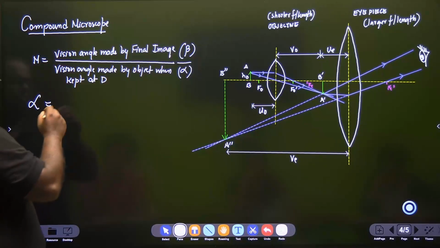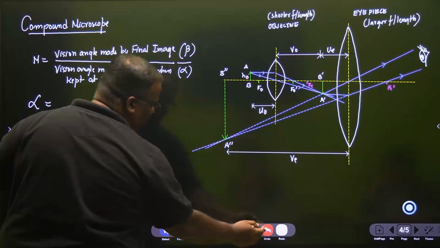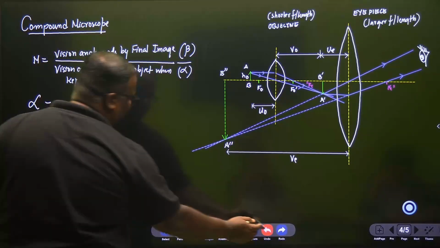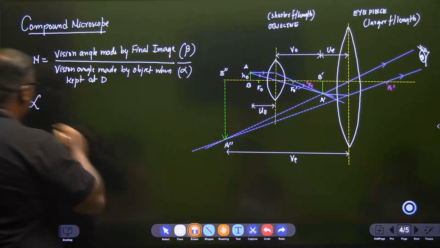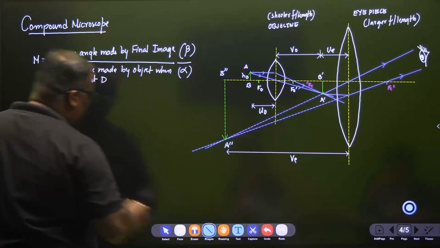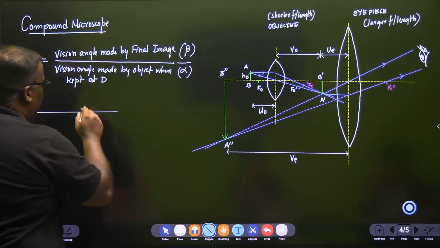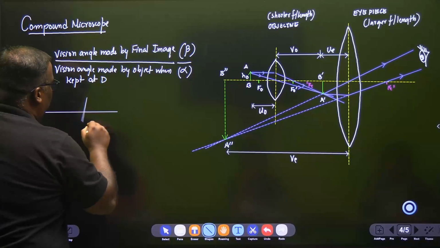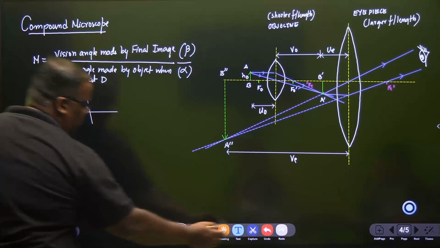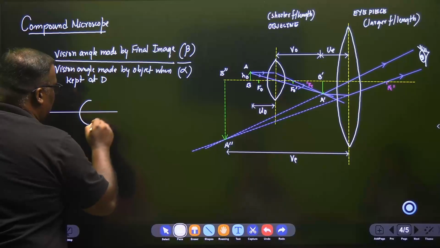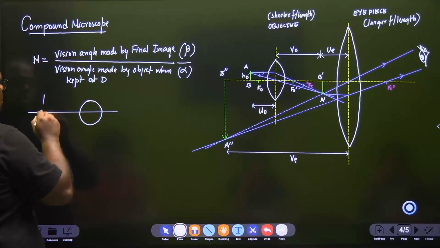So alpha would be, if you again want to do it, then you can draw, but I think that will be just spending time. You want me to draw that once again? When the object is kept at D, so this is your eye, and this is the object.